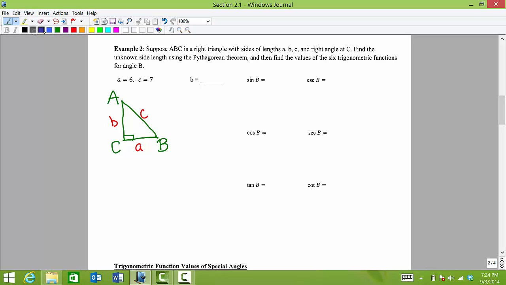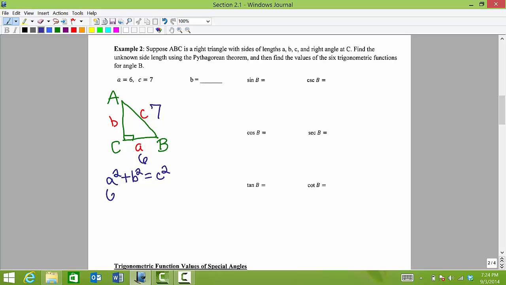So we are told that side a is 6 units long, side c is 7 units long, and we are told to find side b using the Pythagorean theorem. So our Pythagorean theorem would be a squared plus b squared is equal to our hypotenuse c squared.